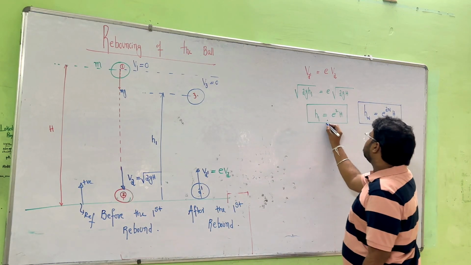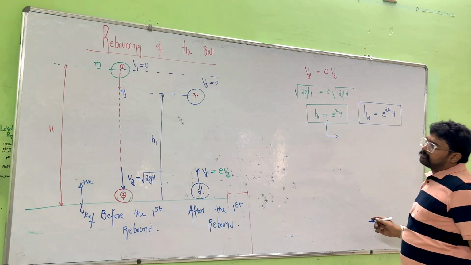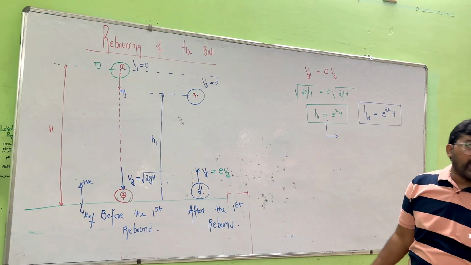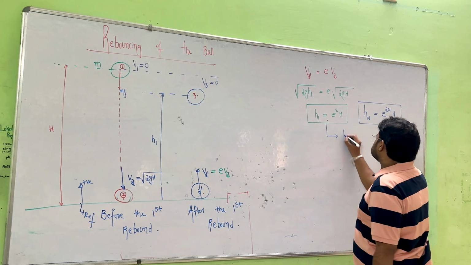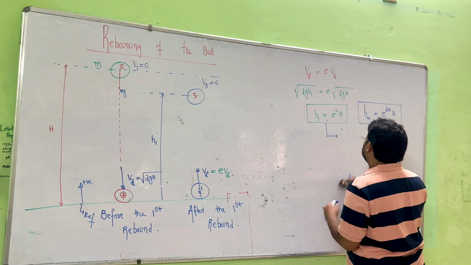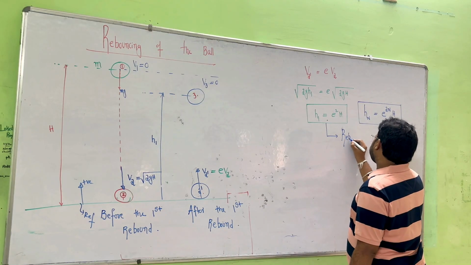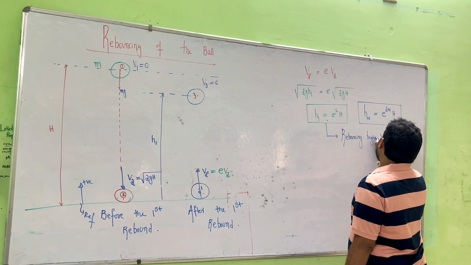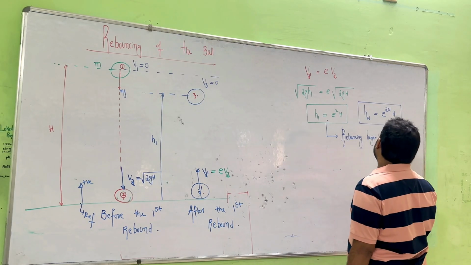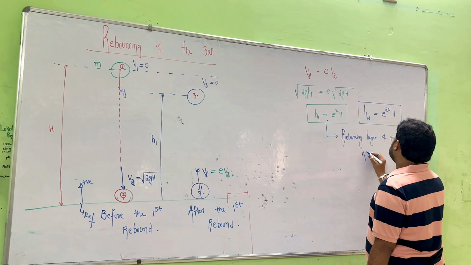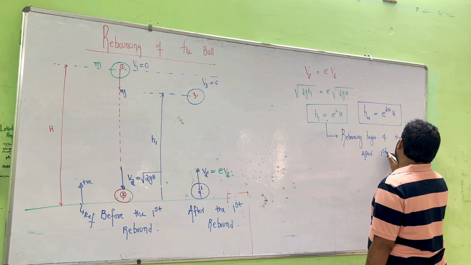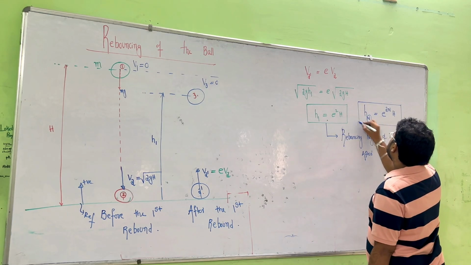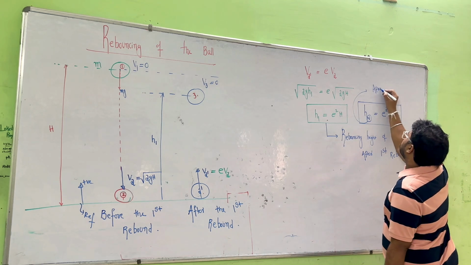This is the height the ball reaches, the rebounding height of the ball after the first rebound. This would be the rebounding height of the ball after the nth rebound.